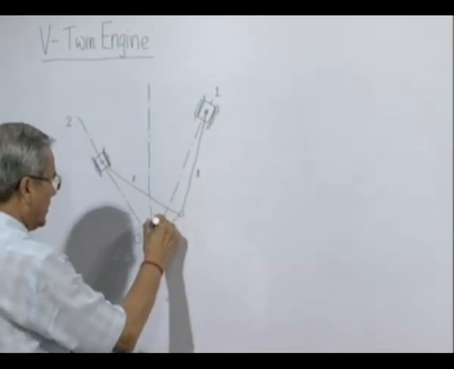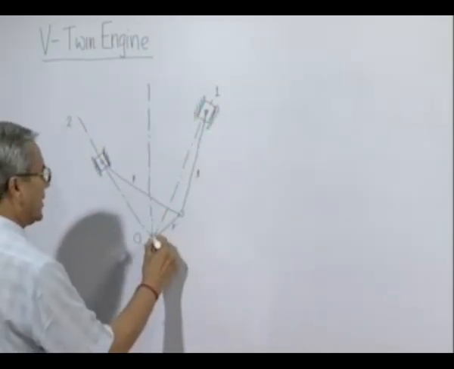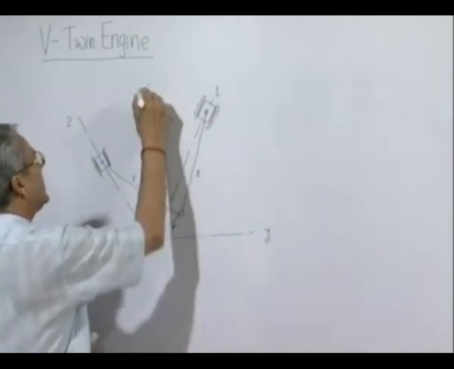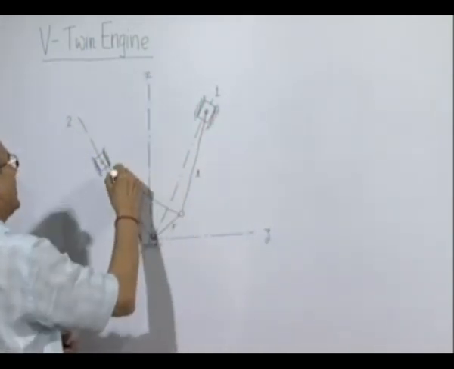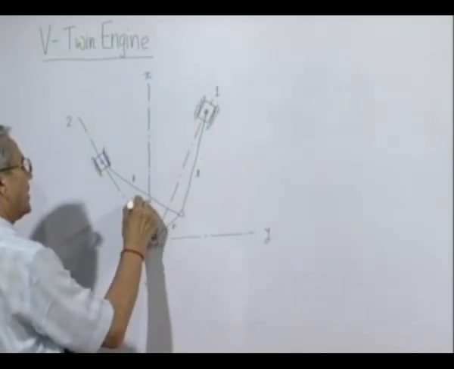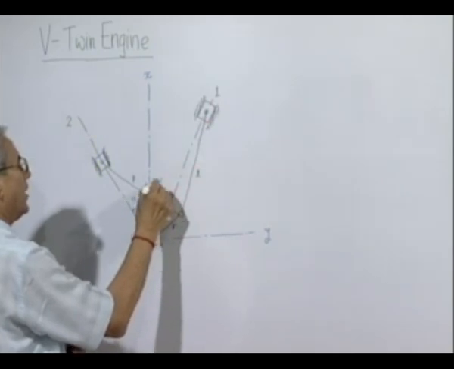For the whole engine, this is the main center line which is bisecting the two center lines of the two cylinders, and let us call this the y axis and this the x axis, where this angle is alpha, and since it is symmetrically placed, this will be alpha.